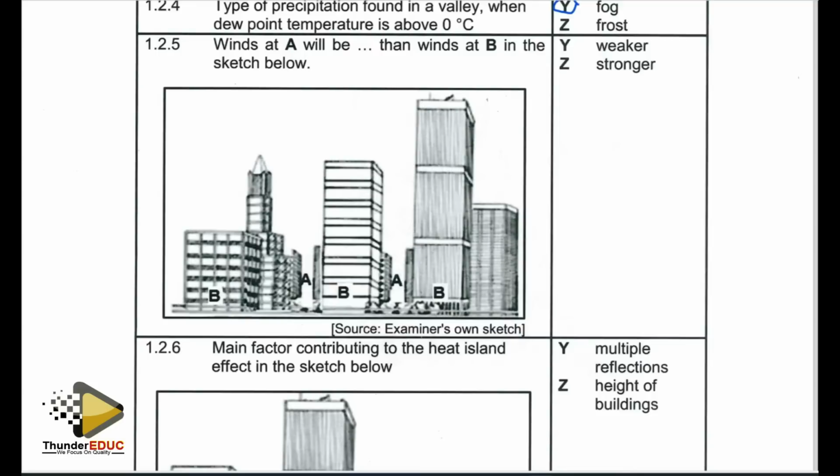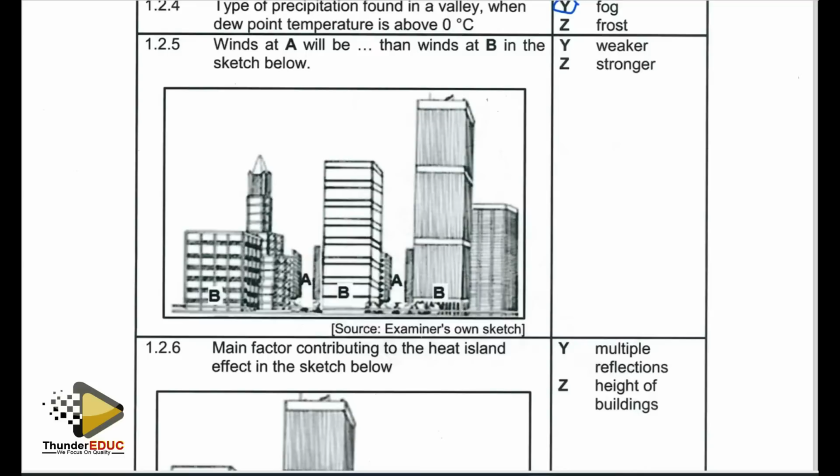So comparing the winds at A and B, which one will be weaker or stronger? If we check B here, there is open space and free flow of air, and wind flows freely across area B, which implies that the winds will be less strong compared to the winds which blow along channels at A. A has more channelized winds which are forced to blow in a given direction because of the blockade caused by the buildings.